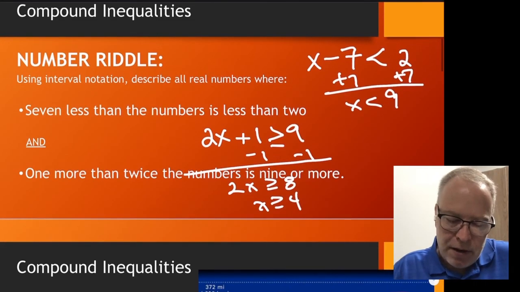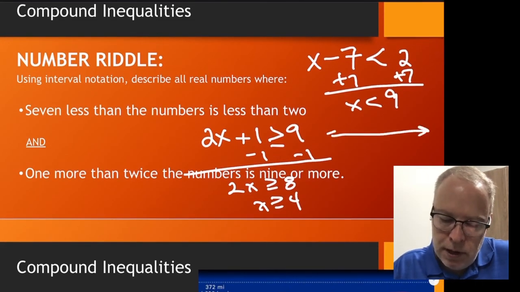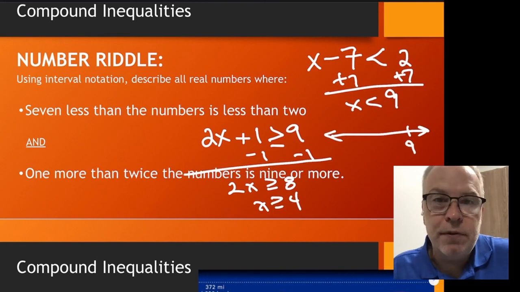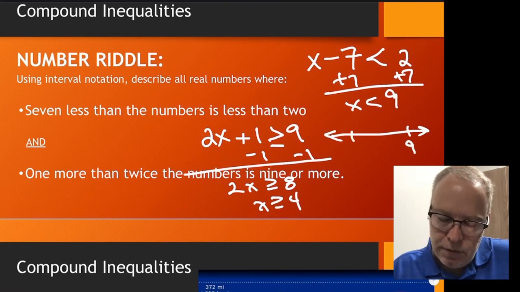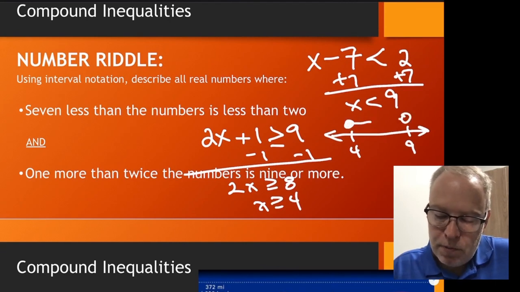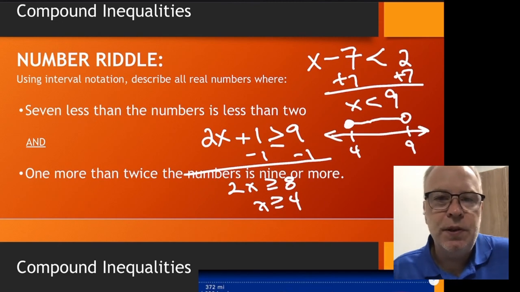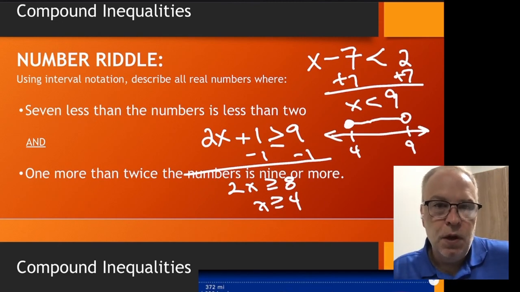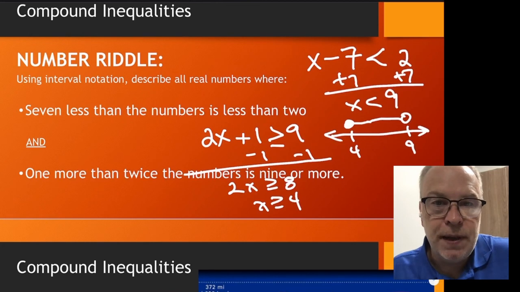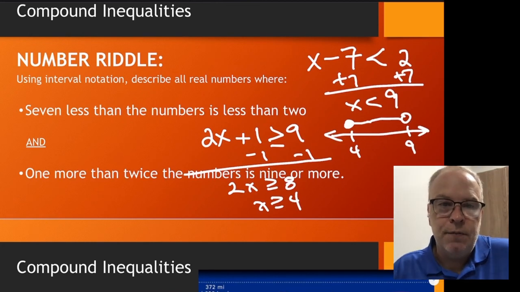So let's think about our number line over here now. This is a real rough graph. Here's 9, here's 4. X is bigger than that, but also needs to be smaller than 9. So we're in this in-between region. We talked about interval notation in the last lesson. How do we write that in interval notation?